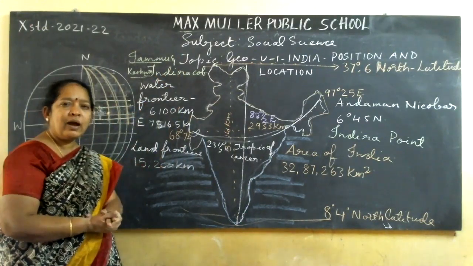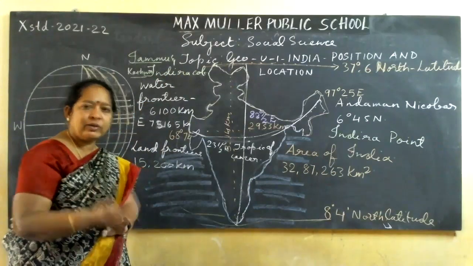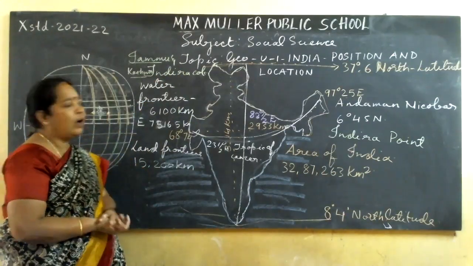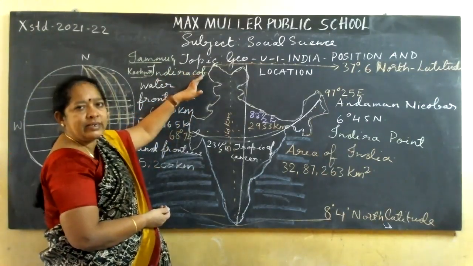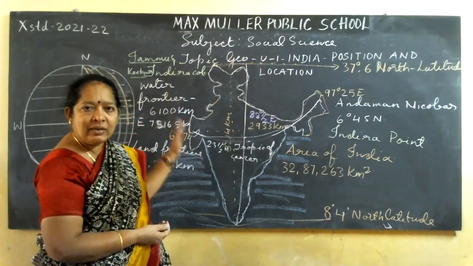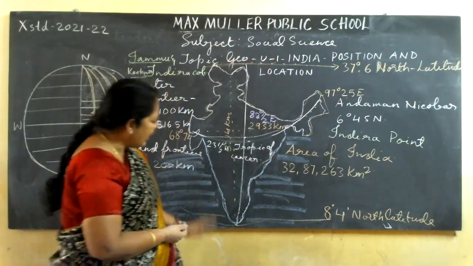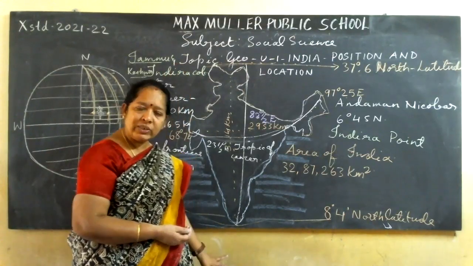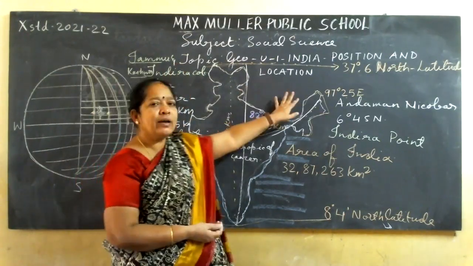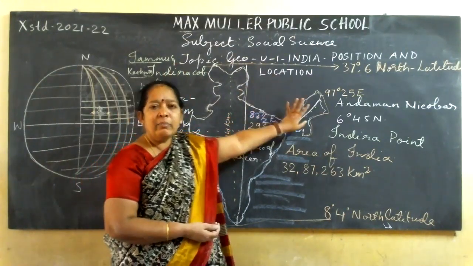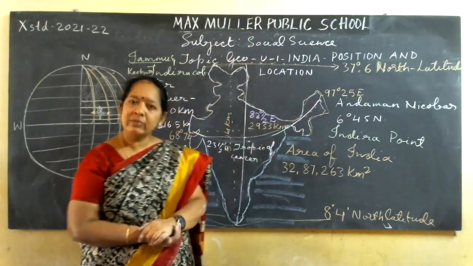It is spread over the continent of Asia. In the northwestern side, it is Pakistan and Afghanistan. Next, in the south we have Sri Lanka. In the eastern side, we have China, Myanmar, Nepal.